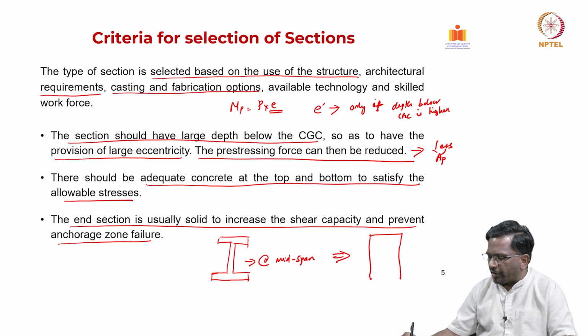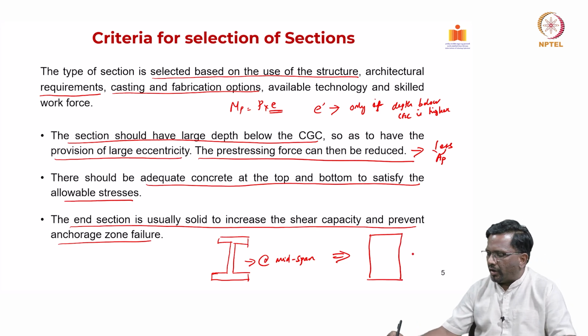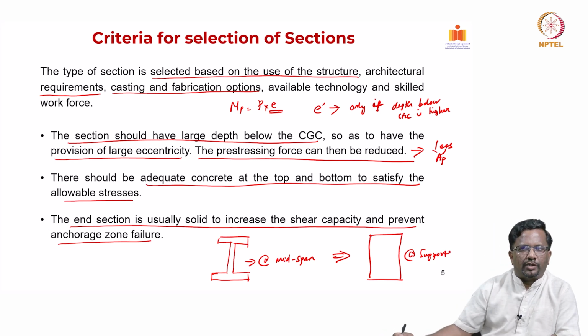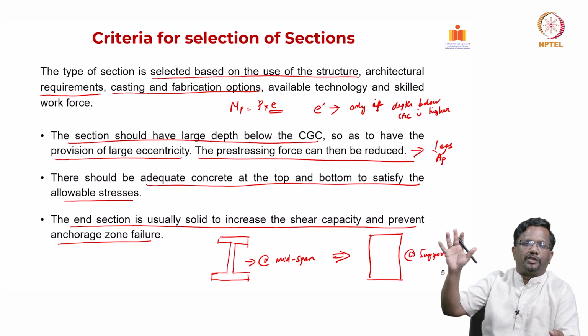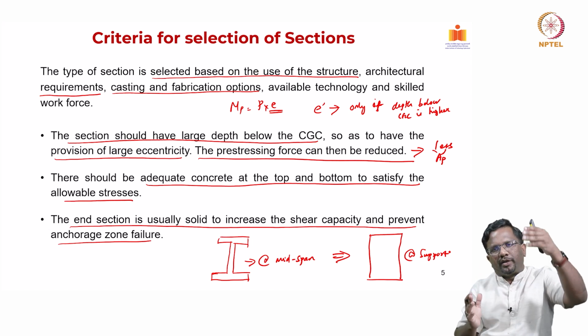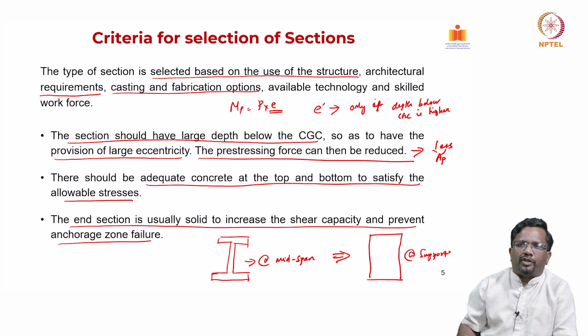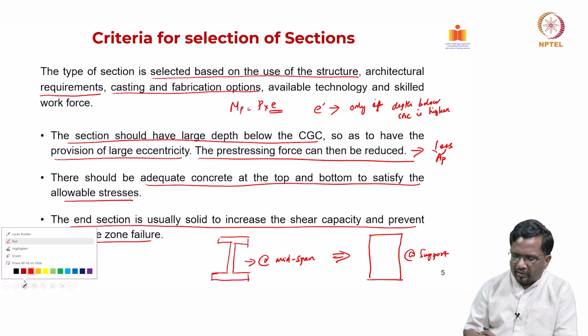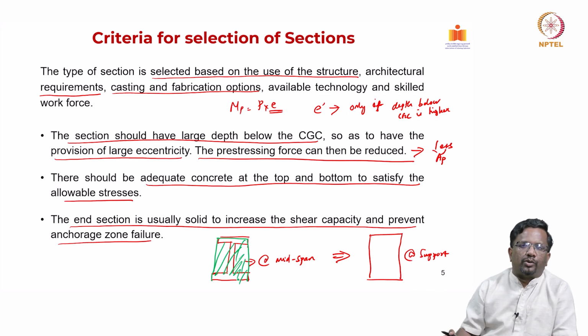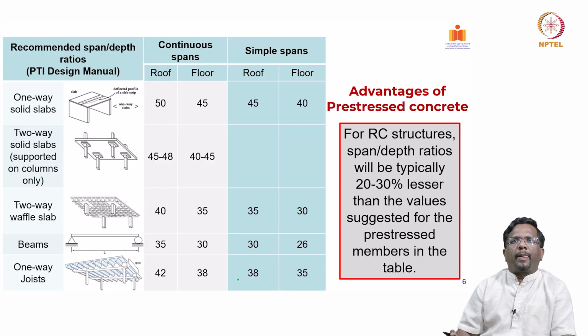That means I will make the entire thing a rectangle at the support to satisfy shear, as well as because a lot of pre-stress will be anchored at the end. Sometimes you have to splay the tendon so that the stresses are less. So, we make this I section into an equivalent rectangle only at the edges close to the support region.